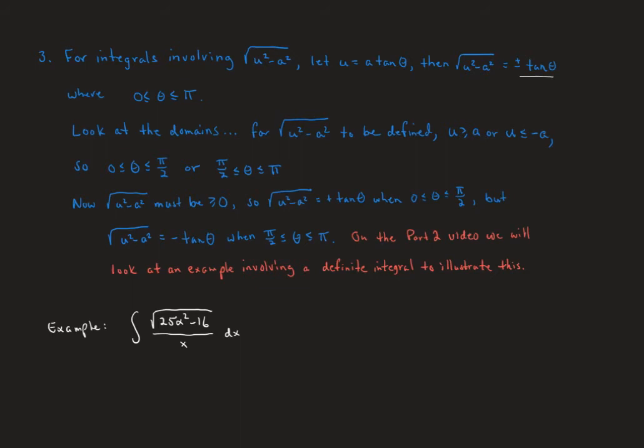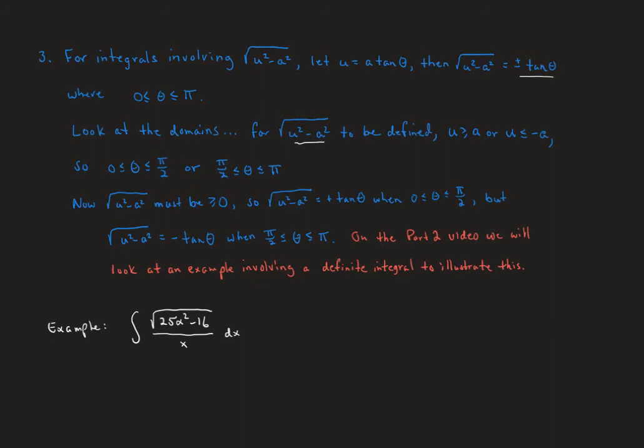then for our radical, square root of u squared minus a squared, in order for that to be defined, we need that the inside, the u squared minus a squared, has to be greater than or equal to 0. So that means that u has to either be greater than or equal to a, or that u has to be less than or equal to negative a, so that when you square it, you still get something that when you subtract a squared from it will be positive.